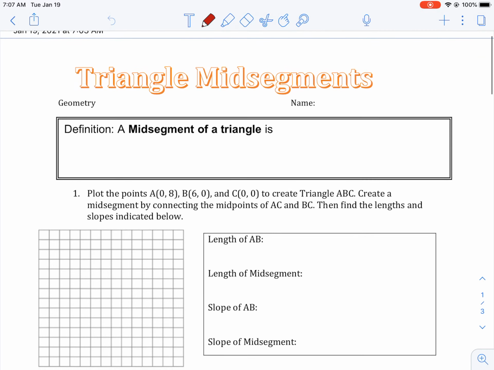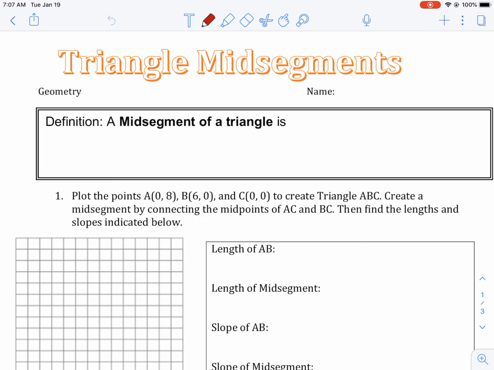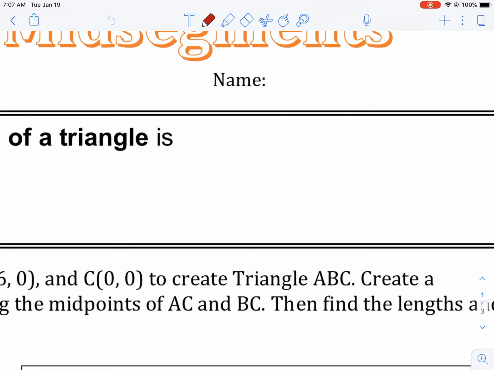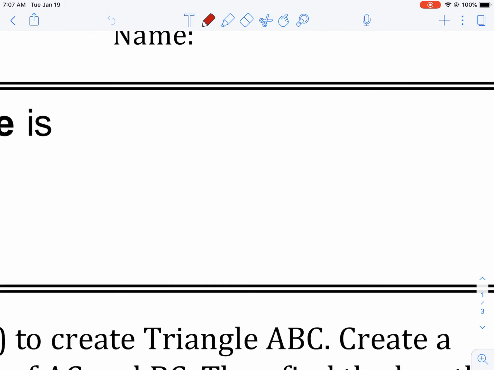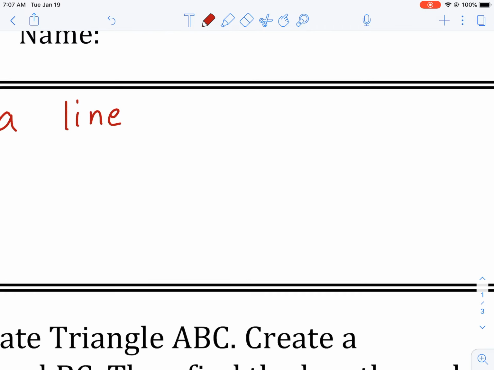So what is a triangle midsegment? Okay, so a midsegment of a triangle is a line segment, right? That makes sense because segment is in the name.